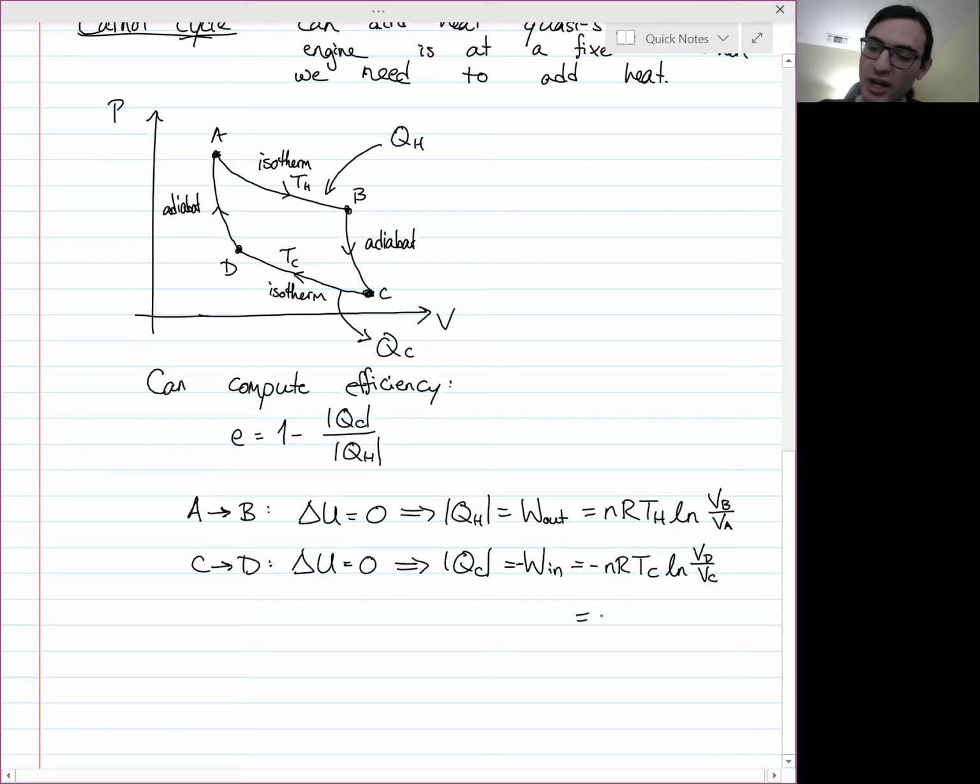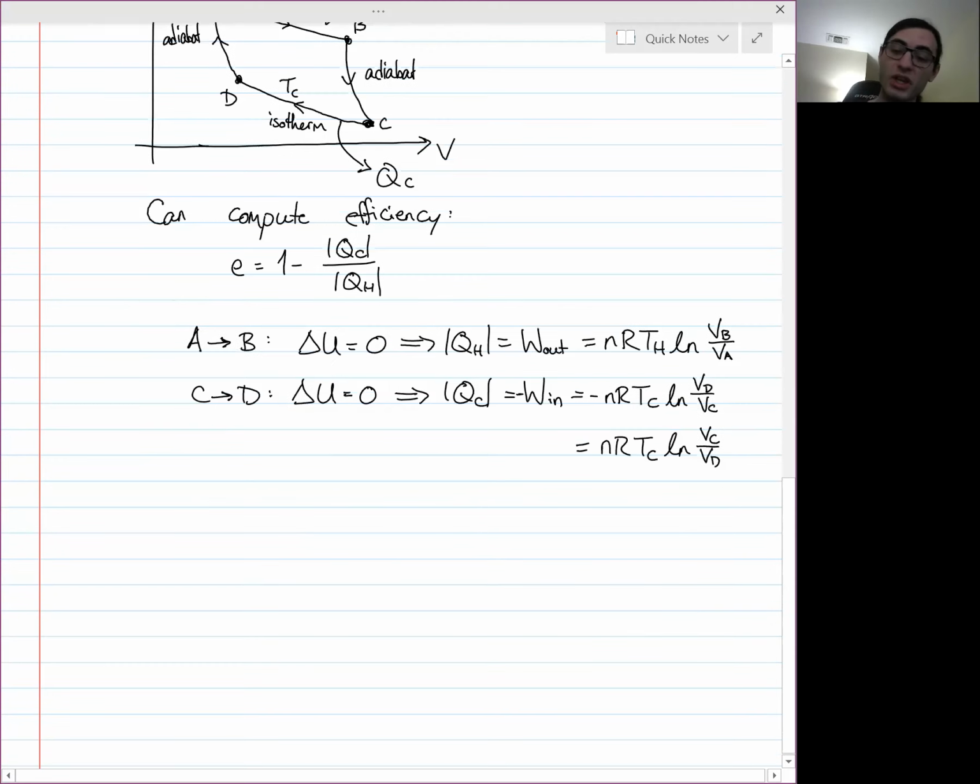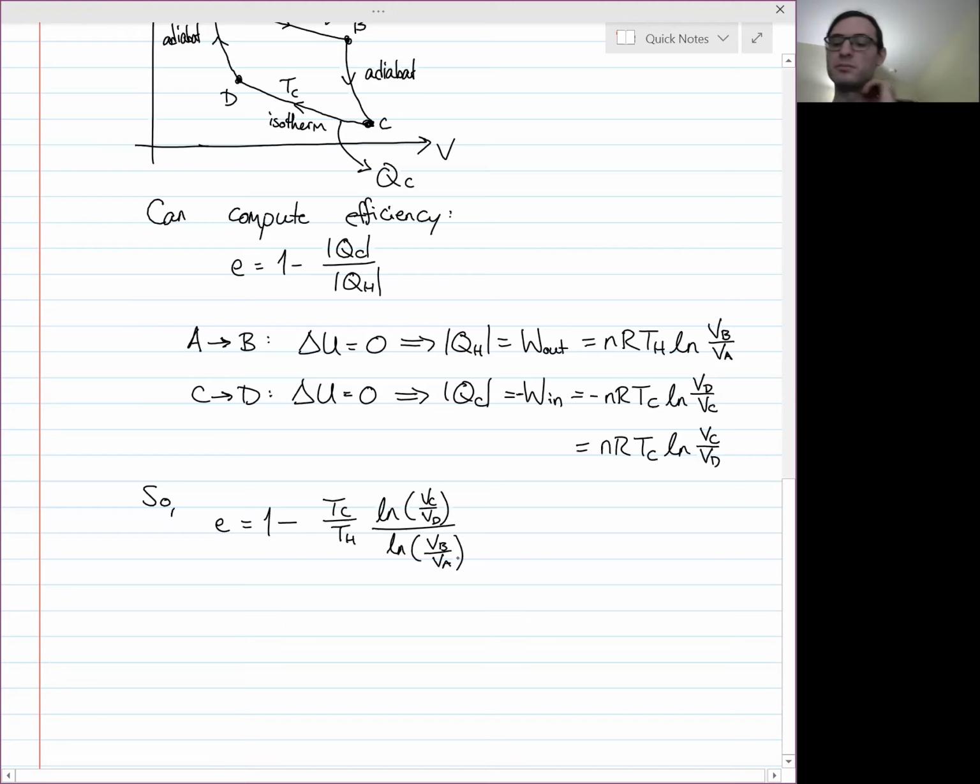So this is just nR TC times log of VC over VD. Just how logs work, right? So what does that tell us about the efficiency? The efficiency is 1 minus TC over TH times log of VC over VD divided by log of VB over VA. The n's and the R's cancel, and then we get the ratio of the logs.